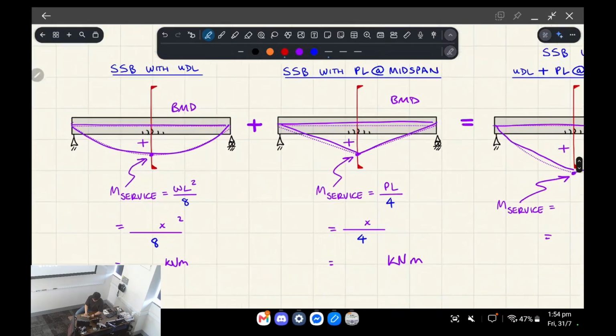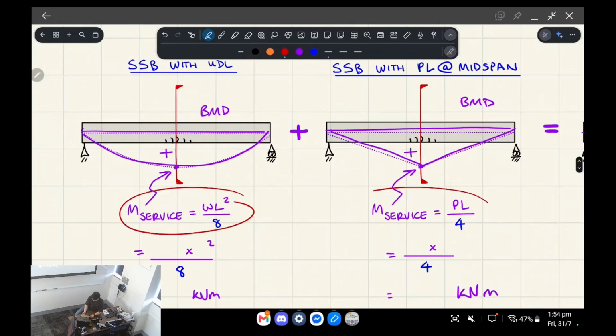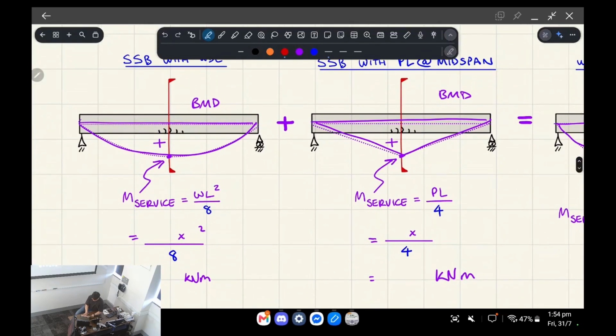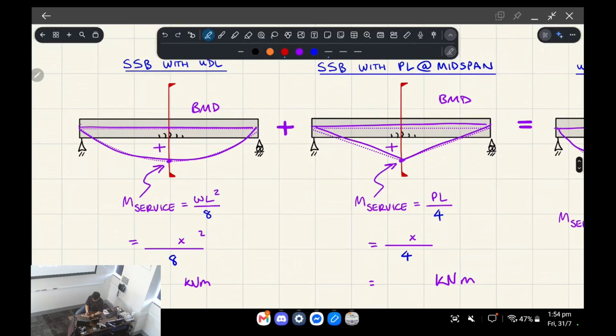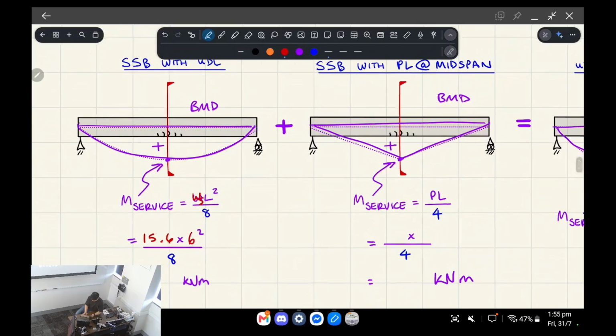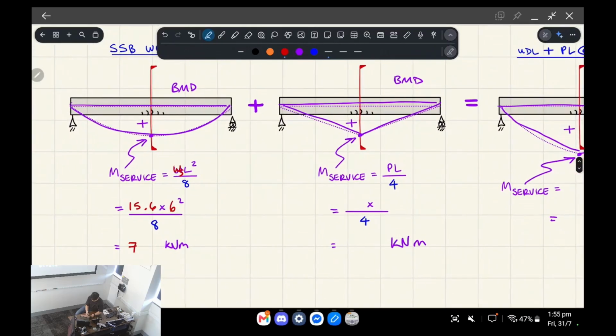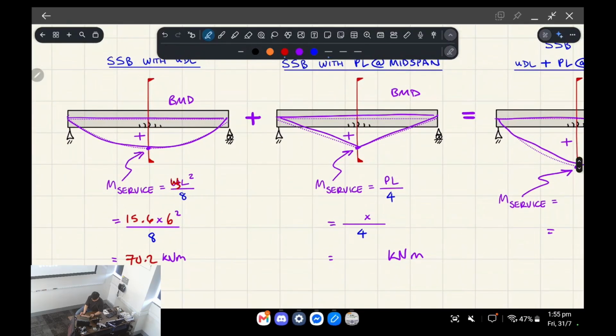Okay, and then these individually have formulas, right? For the case of a simply supported beam with a uniformly distributed load, you go WL squared on 8, and W was our short-term service load, and L was 6. You square that, you divide it by 8, you get this.